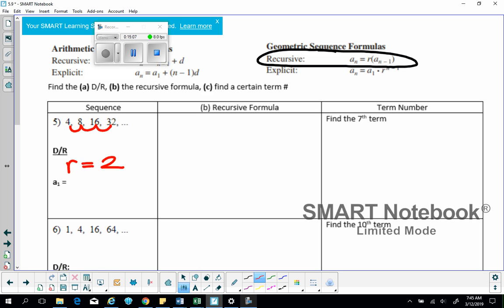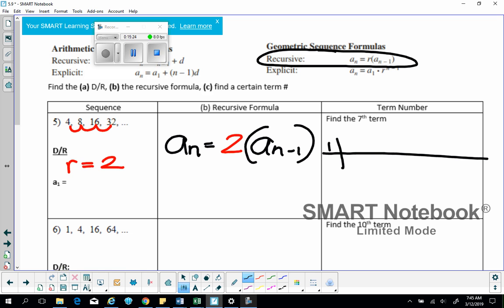Then they want me to write the recursive formula. So all I do, just like the last one, is I rewrite the formula like this. But instead of R, what is my R? 2. Lastly, they want me to find the 7th term. So I make my table.